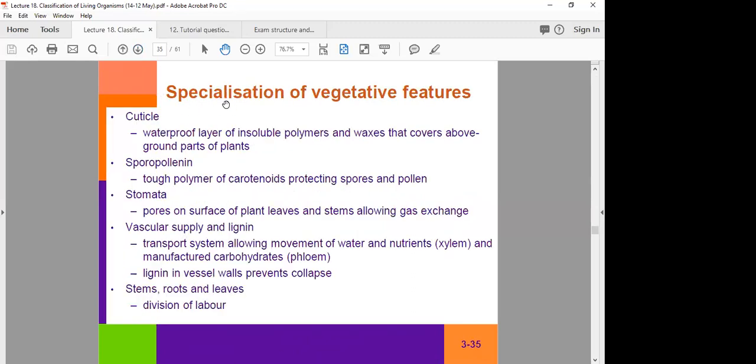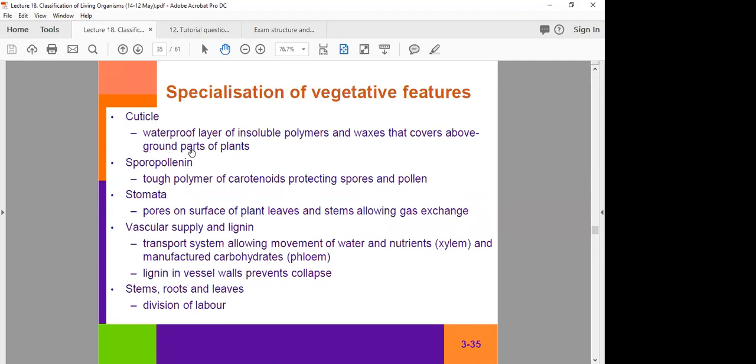So let's look at the specialised features that plants developed over time. Firstly, they had to develop a cuticle. And you remember from a previous lecture that this is just a waterproof layer, a waxy layer that covers the above ground parts of plants.